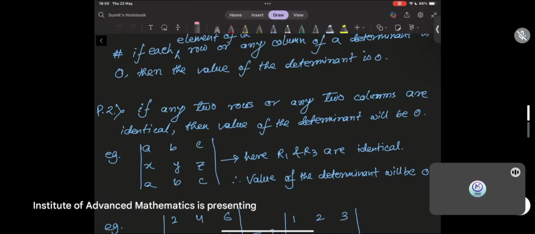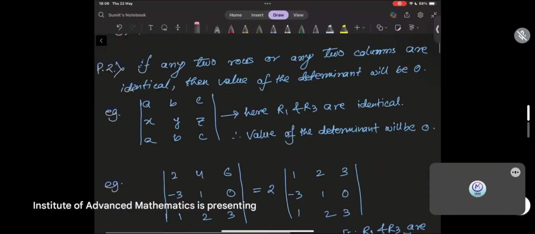Here row 1 and row 3 are identical, that is r1 and r3. Row 1 is a b c, and this one is row 3. So r1 and r3 are identical, therefore the value will be 0 only.